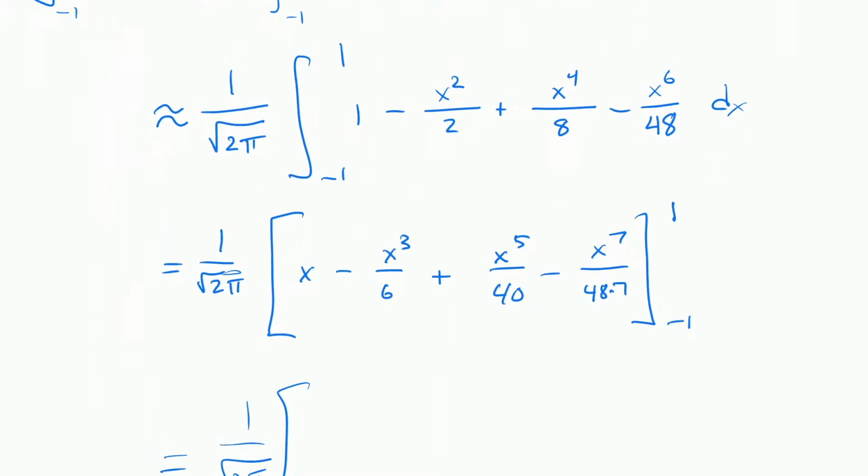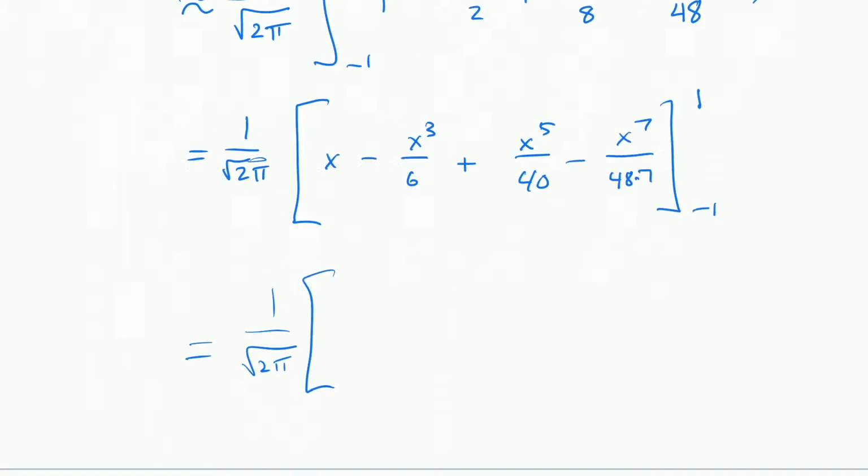Anyway, the trick I'm going to use is that once I plug in the number 1, the number -1, since this function is symmetric about the origin, will give just the negative of what I get when I plug 1 into this. So when I subtract it, I'll just get 2 times whatever I get when I plug in 1.